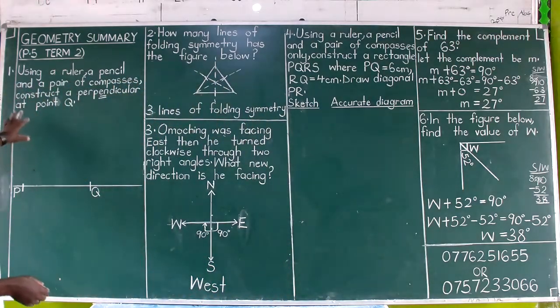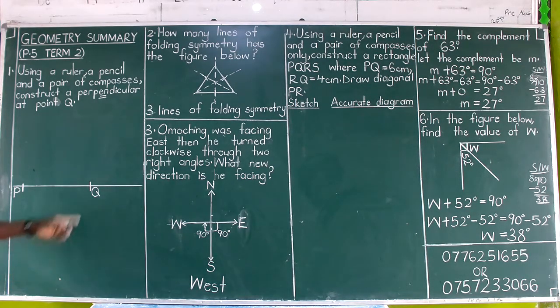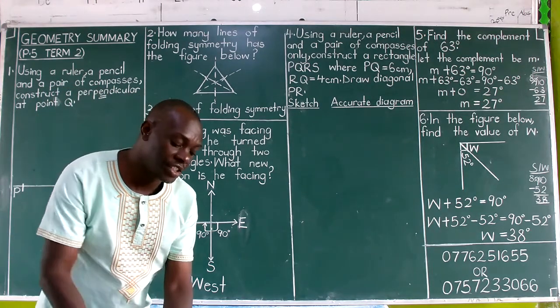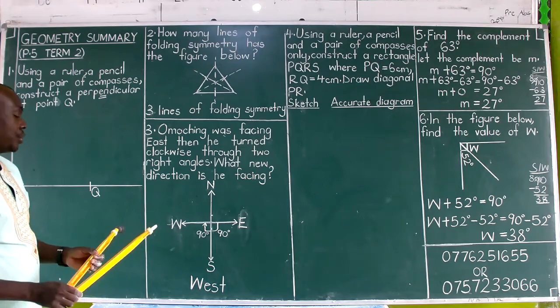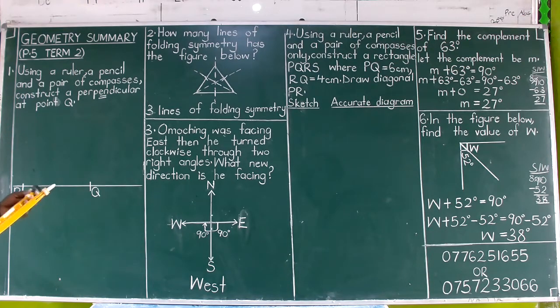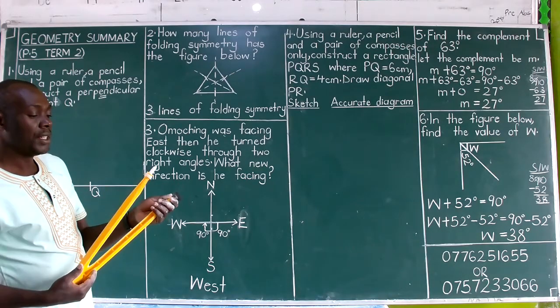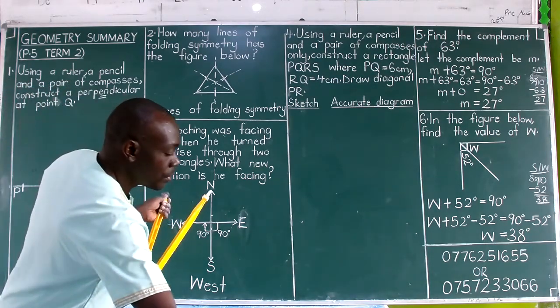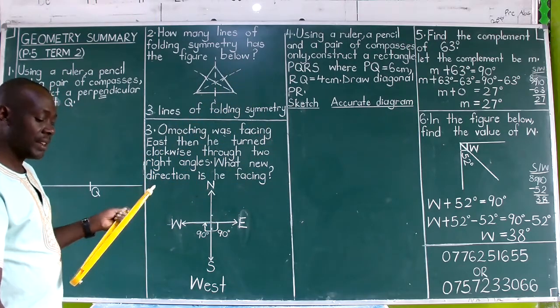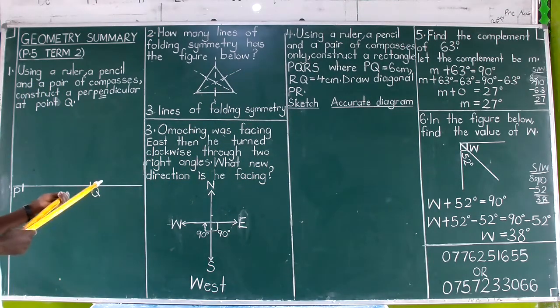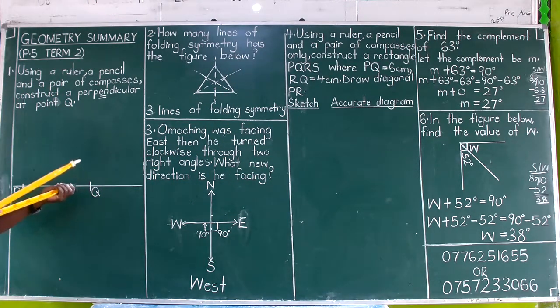So by asking you to construct a perpendicular line at 2, they are actually asking you to construct an angle of 90 degrees at 2. Get hold of your pair of compasses, fixing the pencil as sharp. Have your ruler ready, and then construct a 90-degree angle at 2.